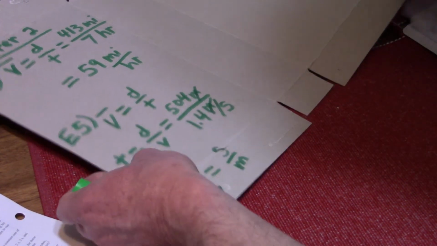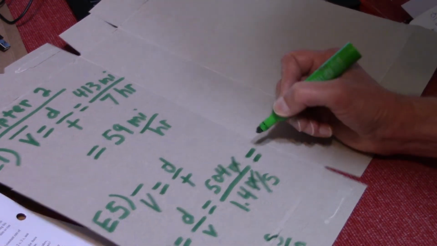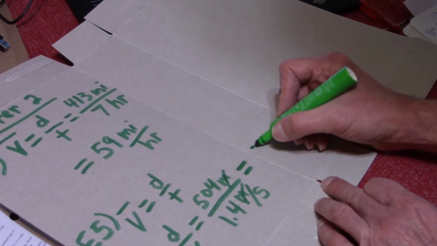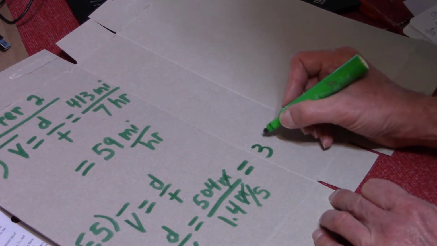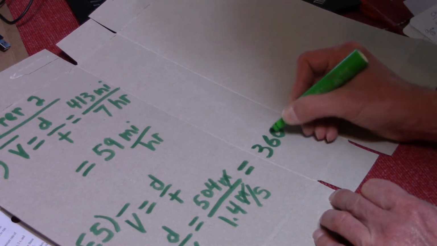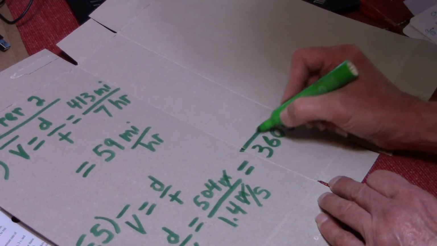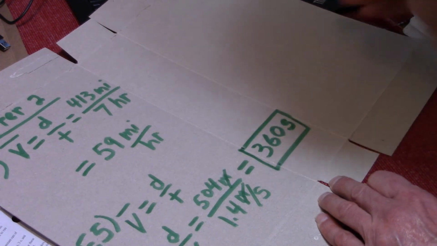So that's why these cancel out, and your time is equal to 360 seconds or 6 minutes.